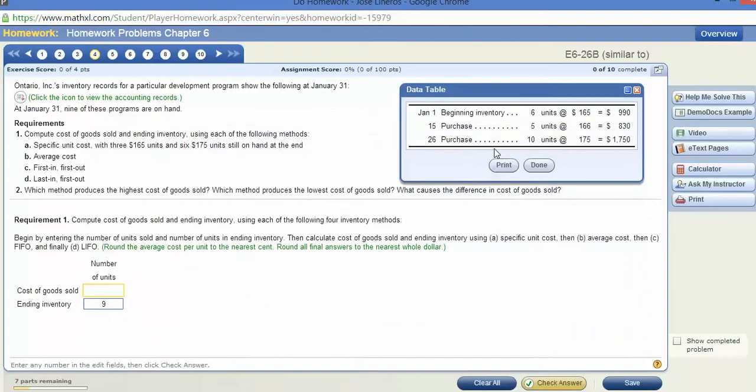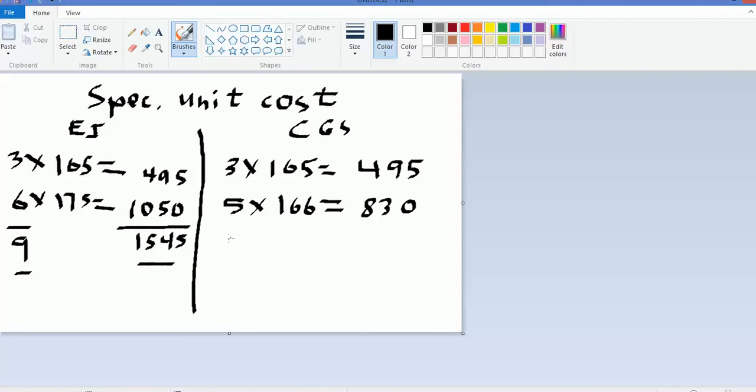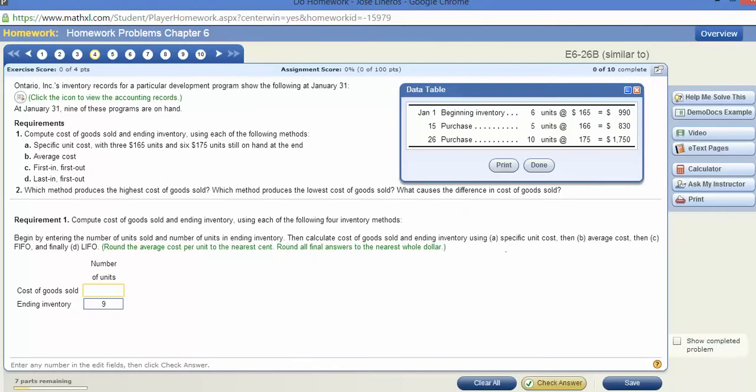The last layer here had 10 units in it. In other words, we purchased on the 26th and created this layer, and then we're told in the problem 6 were kept. In other words, they're still on hand. So that means 10 minus 6 is 4. That means 4 were actually sold. So we'll come over here, and that's 4 at 175.